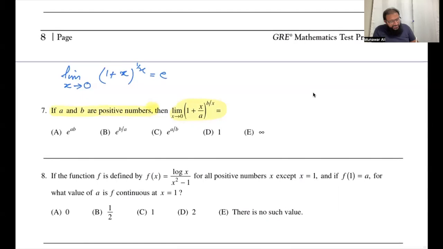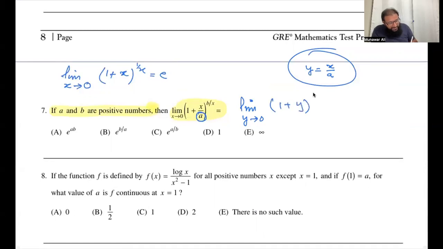So what I can do, I have to cancel out this a. So I'm just substituting x over a equals y. This is simply some sort of transformation. So this becomes limit y goes to 0, because if x is 0, then y is going to be 0 as well, and this becomes 1 plus y to the b over x.